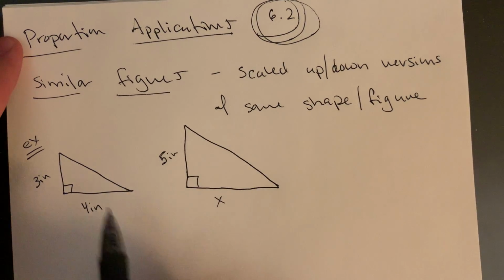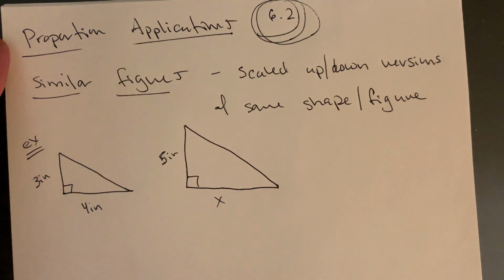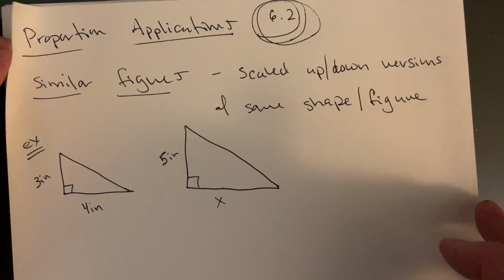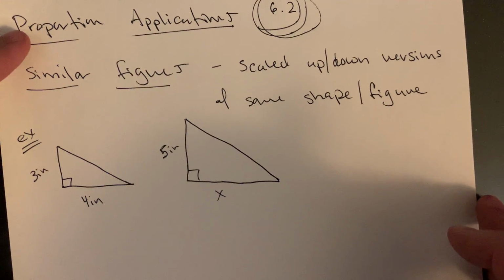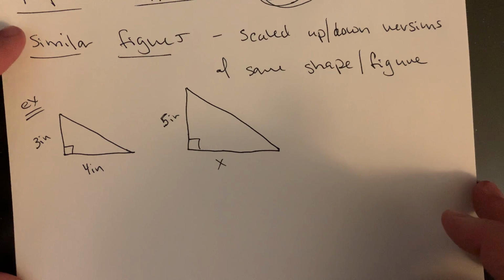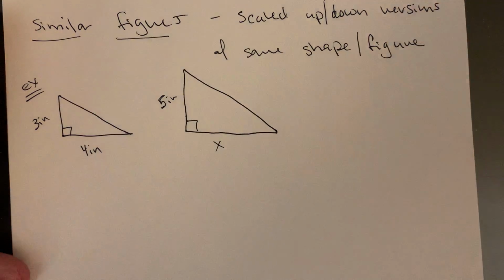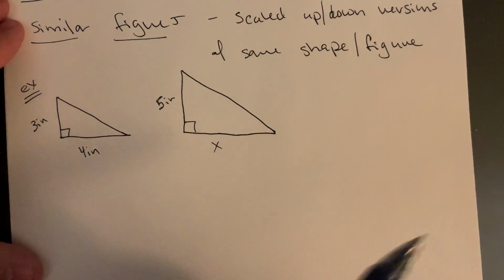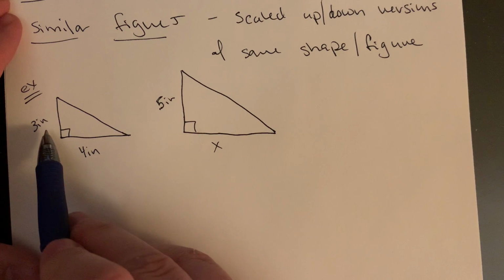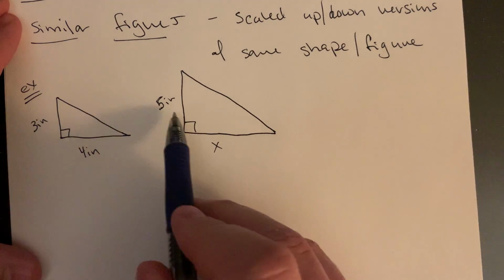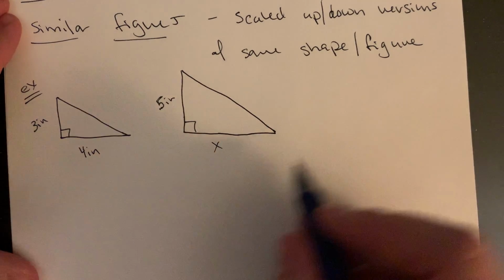So the idea is that these triangles are effectively the same shape. It's just a bigger version of it. And so what we can do in this instance, if we're told that these are similar figures and they have this property, is relate all of their side lengths with a proportion. So you're going to match up the 3 and the 5, which are on the same level.